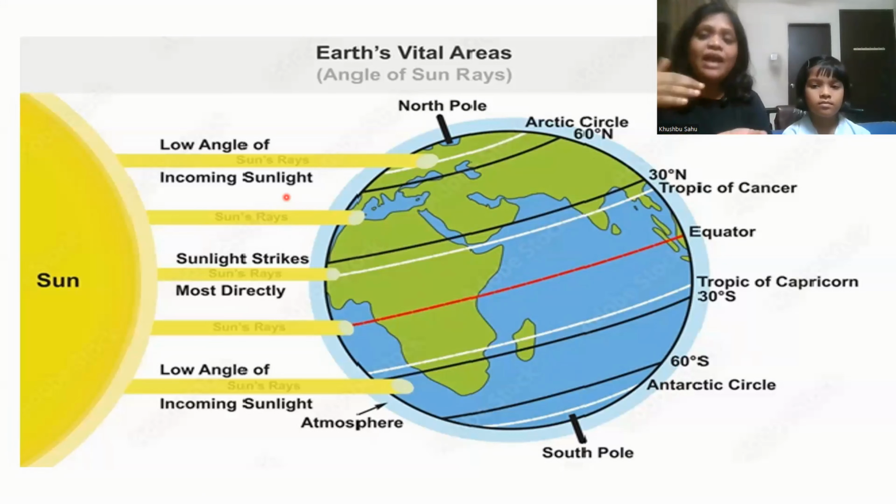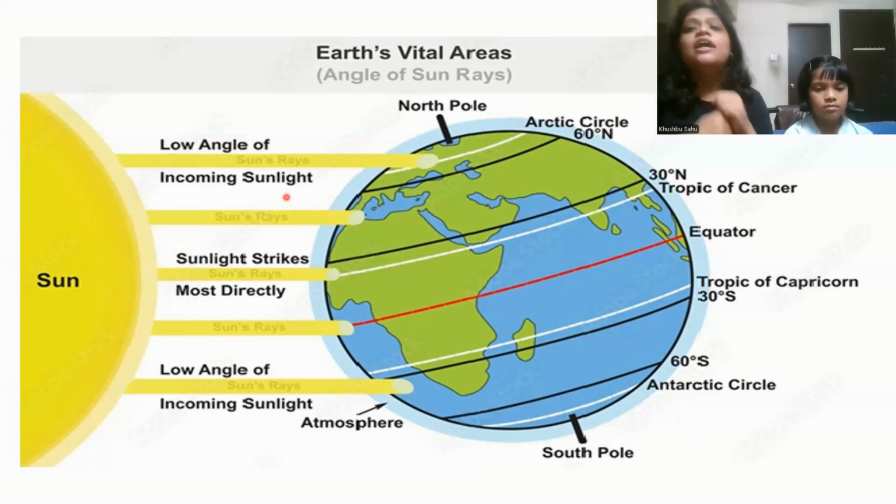So different regions experience different angles of sunlight. That's why at different places, different countries, different continents, the climate is different.